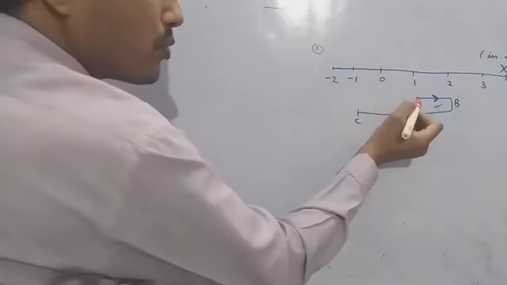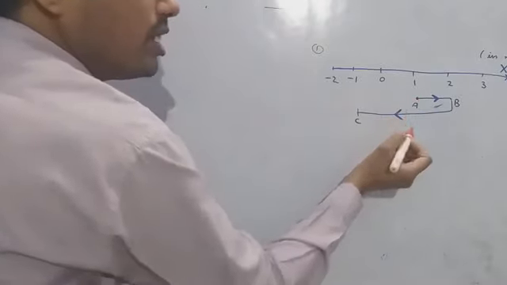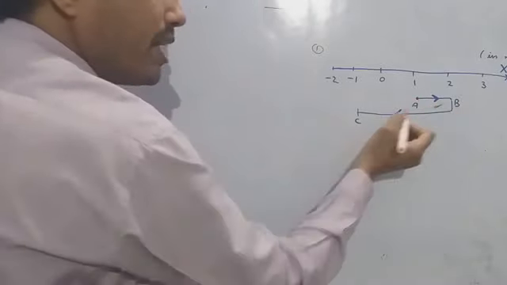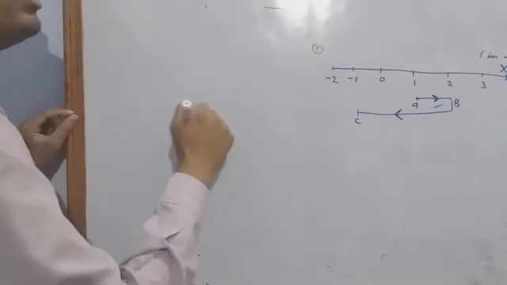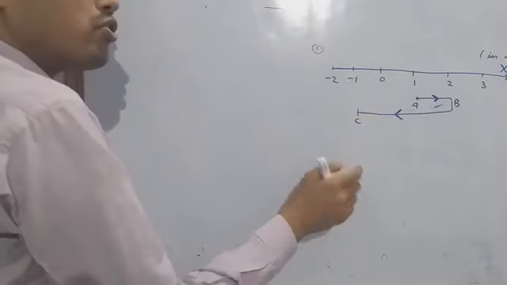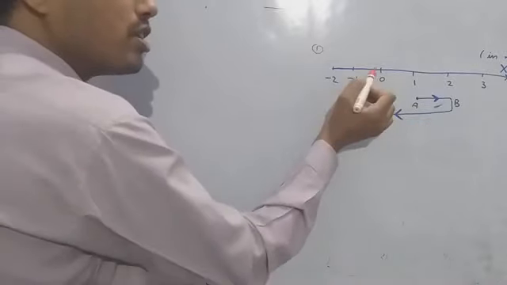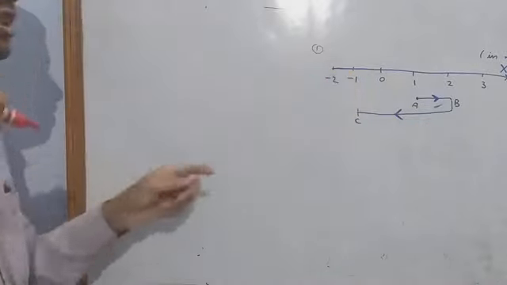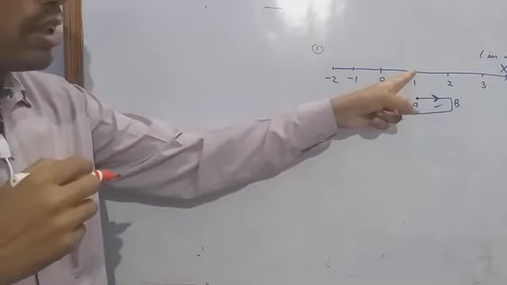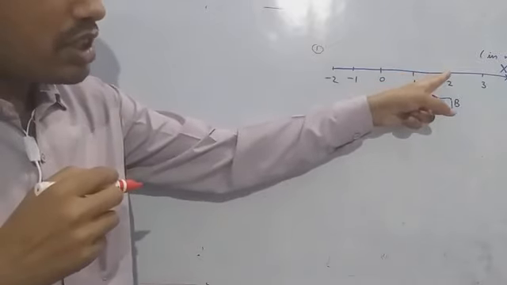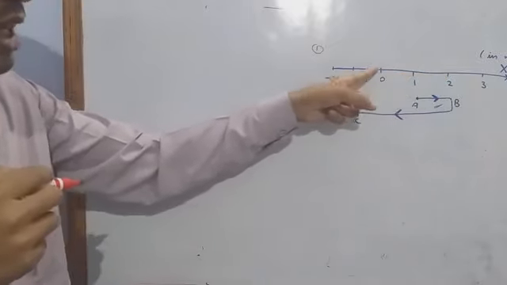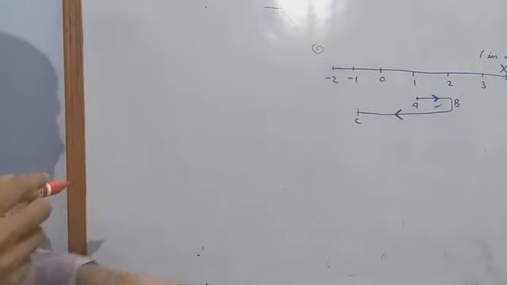A body starts from point A, it moves to point B and moves to point C back. Last class I told you students, please don't confuse, this is not the actual path. Actual path is taking place on the x-axis. That means it starts from this position A, it goes to this position which is B, and then comes back to this position which is C.